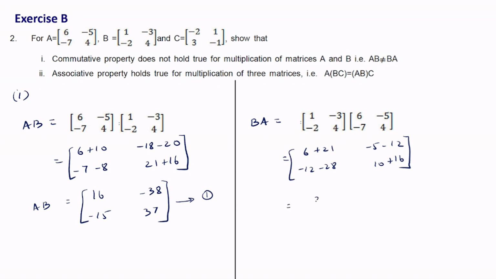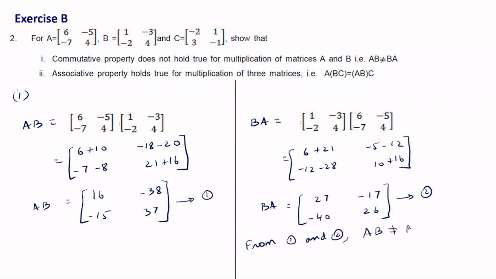So this is equal to 27, minus 17, minus 40 and 26. So this is BA. So here we can see that from 1 and 2, AB is not equal to BA. So commutative property does not hold true for multiplication of matrices.